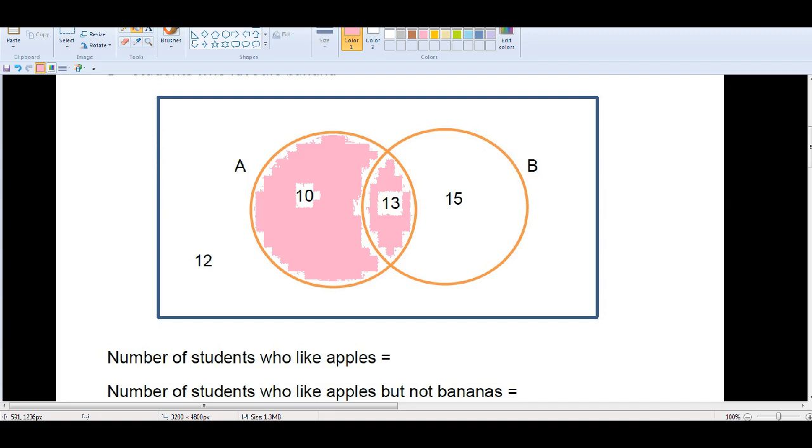You see there are two numbers. One is 10, which shows the number of students who like apples only but not banana. And there is 13, which means students who like both apples and banana. So when people ask how many students like apples, you should include 10 and 13, because both numbers represent students who like apples. We add all the numbers in circle A, which is 23.